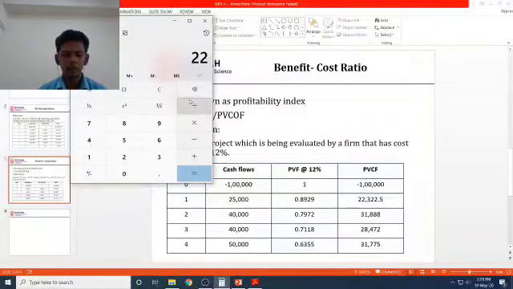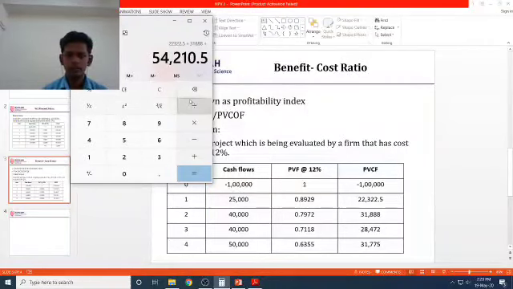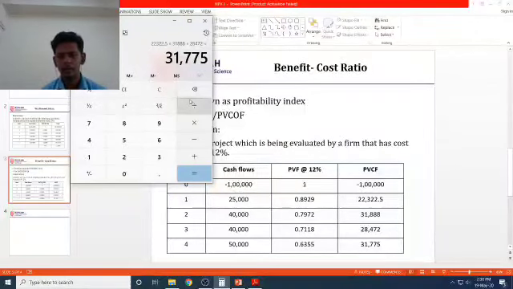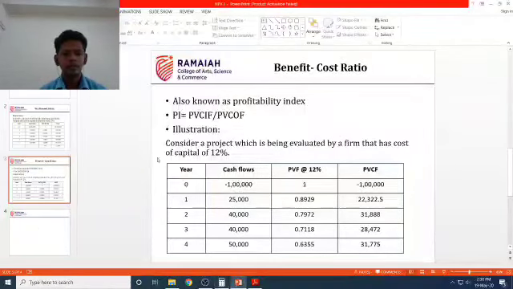Present value 22,322.5 plus 31,322.3 plus 28,472 plus 31,775. Alright.